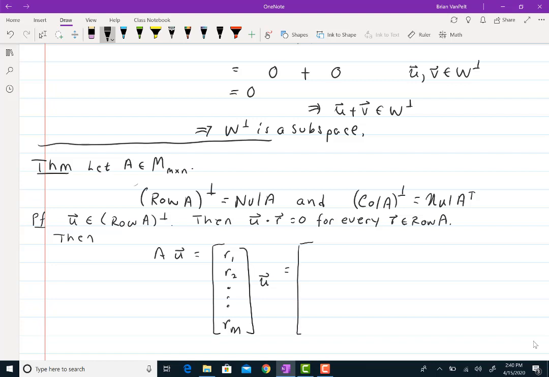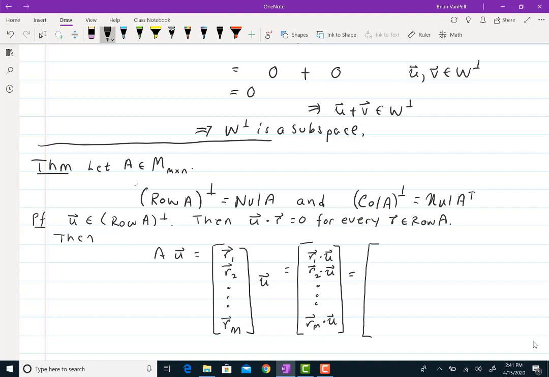And if I write it in a row format, you'll see, and these are all vectors, by the way, row vectors, if you will. That'll be row 1 dotted with U, row 2 dotted with U, all the way down to row M dotted with U. And I already know that U times each of those R's is equal to 0.